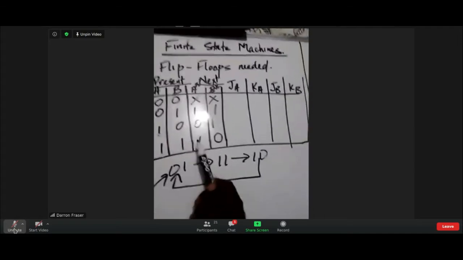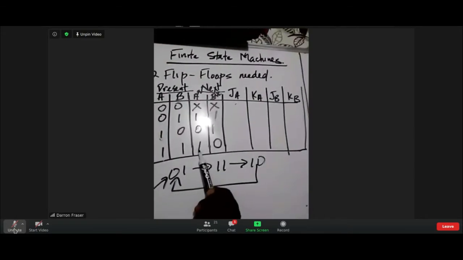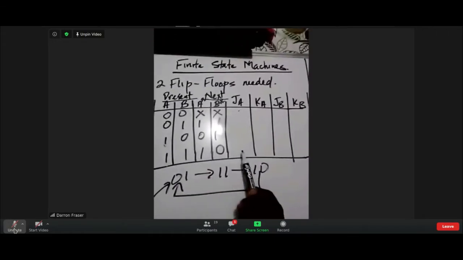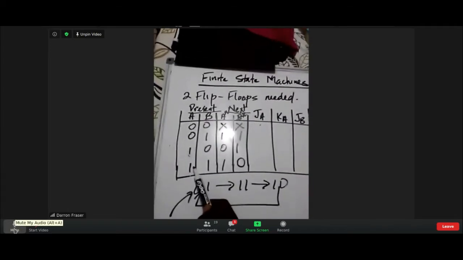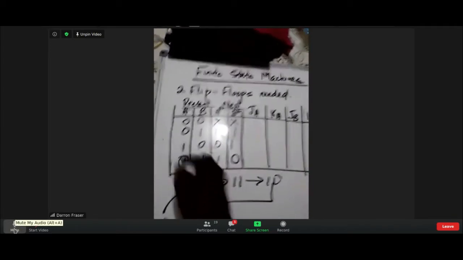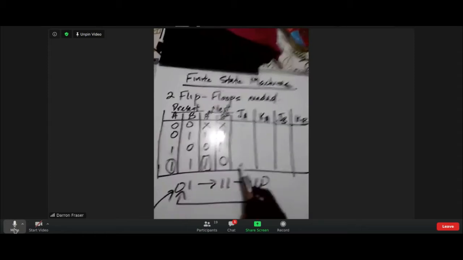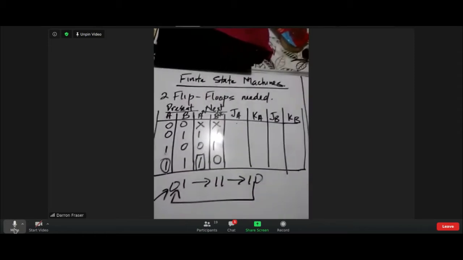Present value is 1, next value is 1. What values of J and K do I need? If I'm presently at 1, this is my value here, and then this is the next state here. If I'm going from 1 to 1, what values of J and K do I need? Refer to the table.